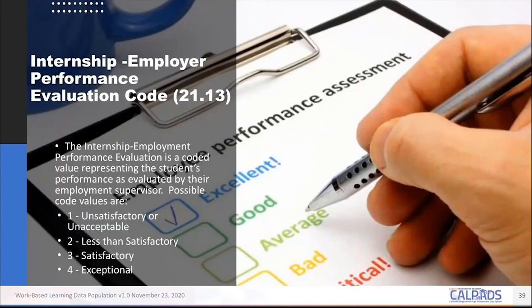So that's how internship employer performance evaluation code is defined and how it's populated with one of those 4 code values. Okay, and again, this is only a required field if the work-based learning code type is internship. So there's that cross-field edit or conditional edit, right?